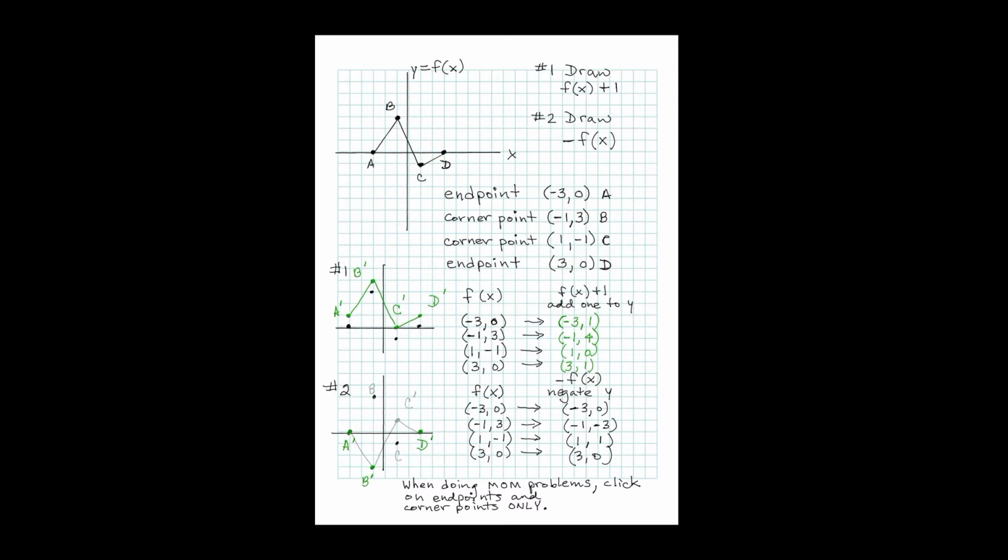And then point C, which is 1, -1, gets reflected across the x-axis to negate the y value, so it lands at 1, 1. And now I'm connecting the translated points, which I called prime in each case. And so that's taken the original function and reflected it across the x-axis.